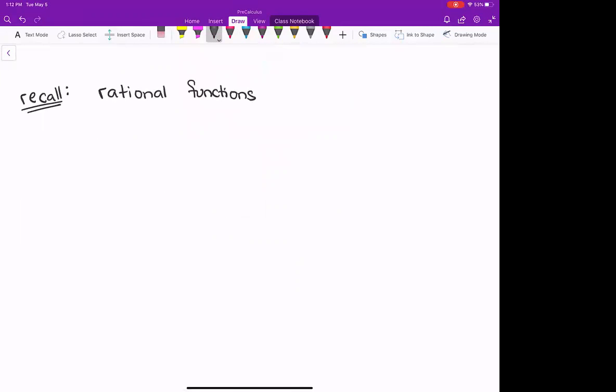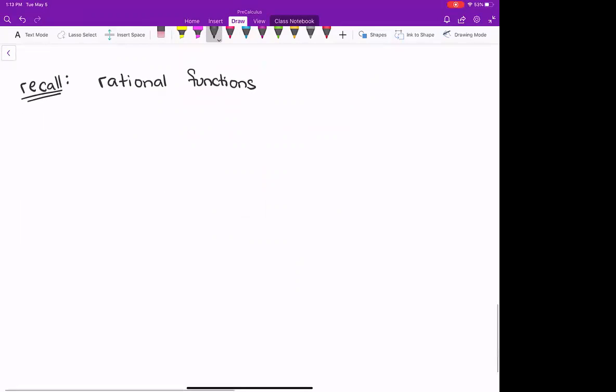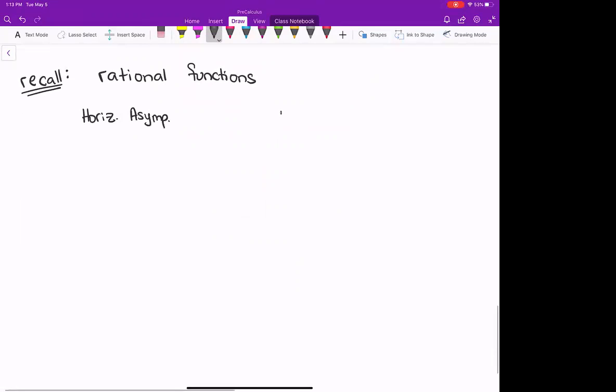We had vertical asymptotes, and that's whatever makes your values undefined in the denominator. But let's remember horizontal asymptotes and slant asymptotes.